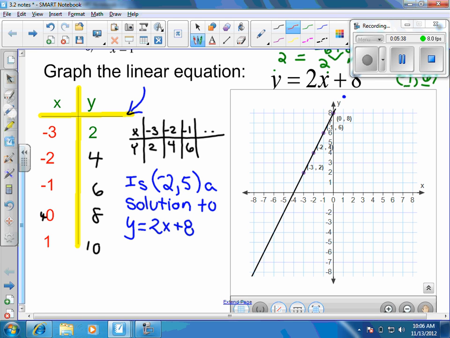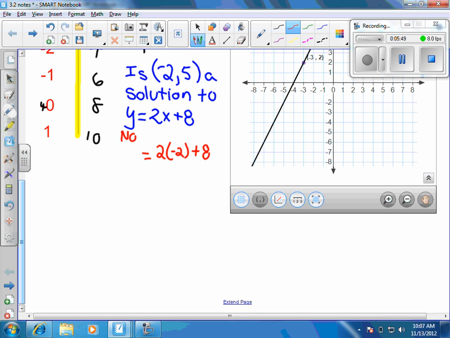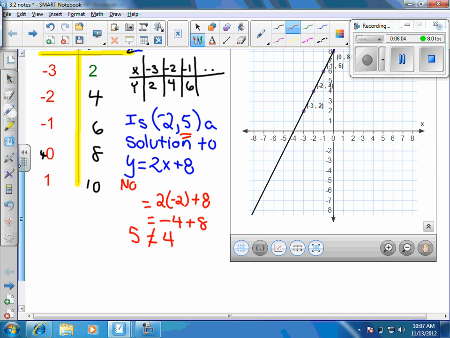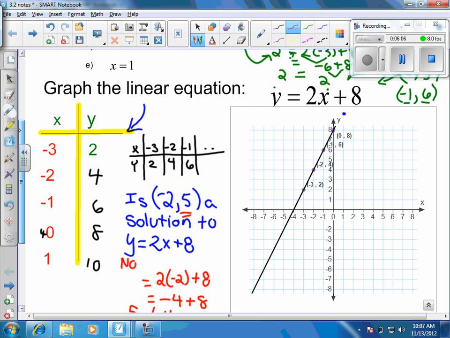So both reasons. So no, because when we plug in the -2, like what Adam's saying, we end up getting 4, and that's not equal to 5. So that's how you show it algebraically. And also, what you'll be learning is graphs, equations that look like this make lines.